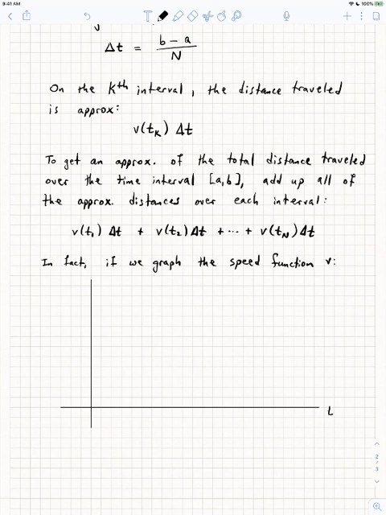This is our t-axis, and we have some speed, so it's a positive function. We might as well just assume that it's increasing for the sake of argument. And so this is our velocity. Let's call it y equals v of t, if this is our y-axis here. So this is our interval of time from A to B.